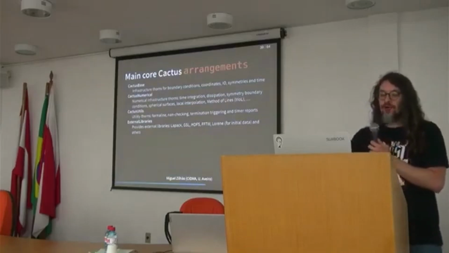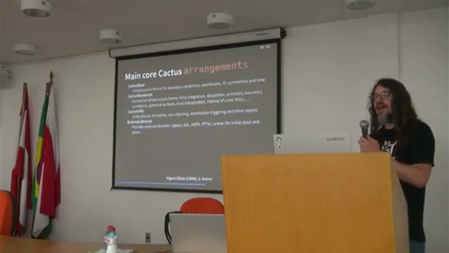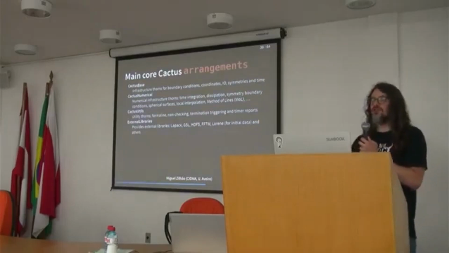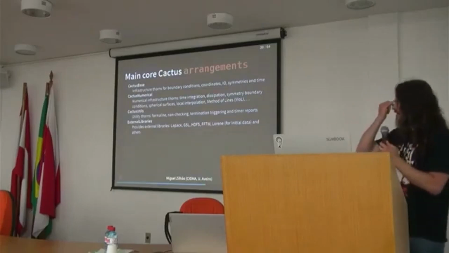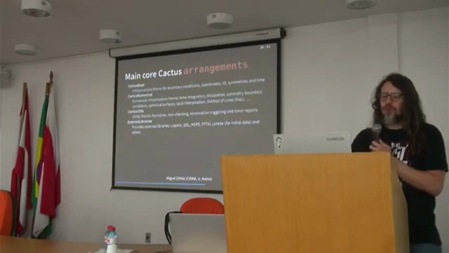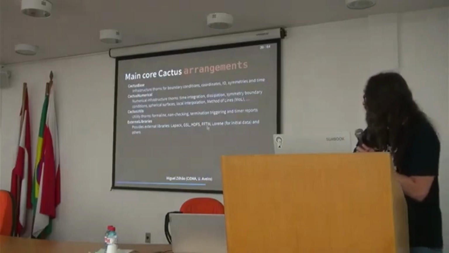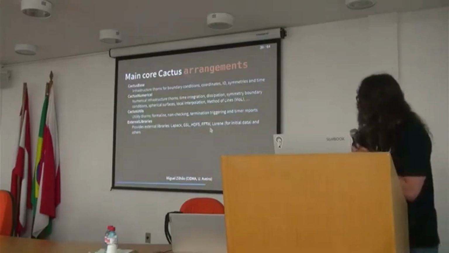CactusUtils has several utilities, like checking that you have NaNs somewhere in the simulation, so that you're not spending your precious computing allocation just crunching a bunch of NaNs. Termination triggers, reports, and so on. And the external libraries allow you to interface with other libraries like HDF5, which is used for input and output, FFTW, GSL packages, and so on.